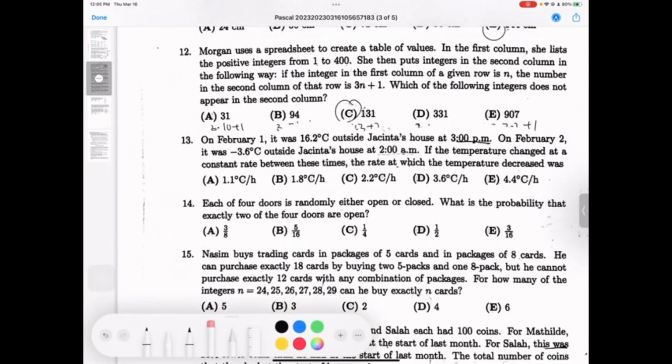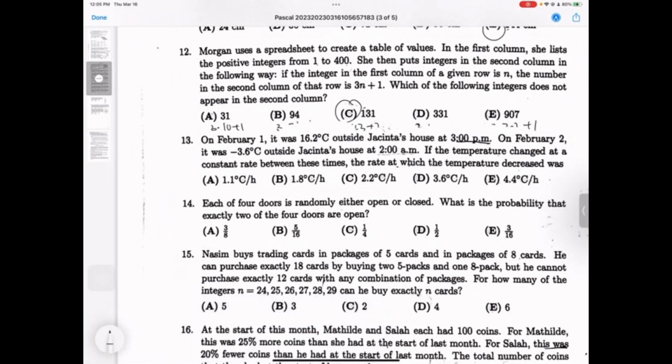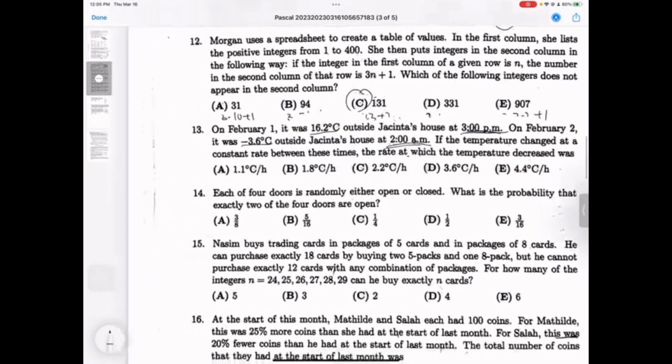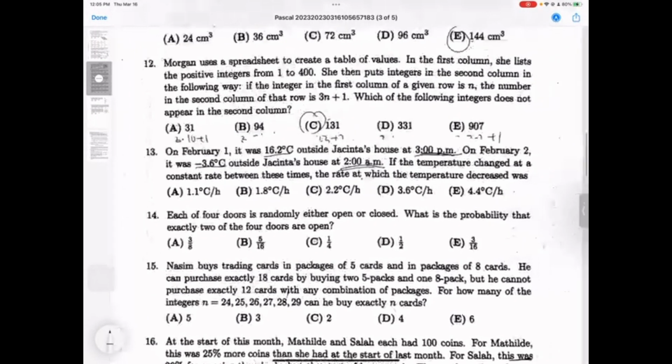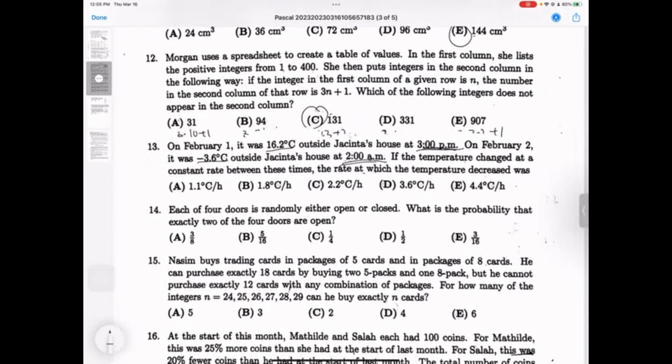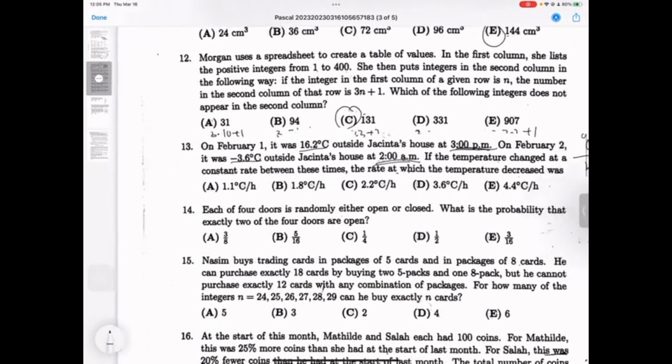So 13, the question is asking us for the rate of change. So what we need to do is subtract these 2 degrees and find the difference of these two times, and we know that the rate of change must be written in the format of degree over hour, so we can just do the subtractions.